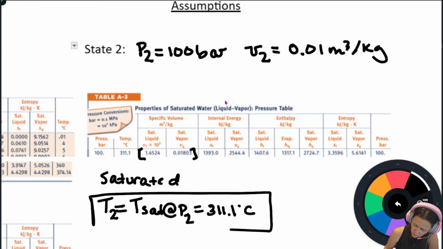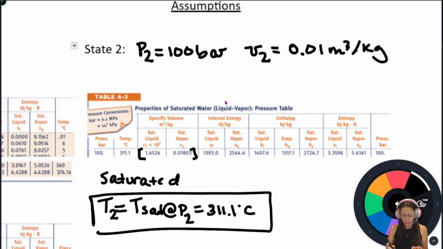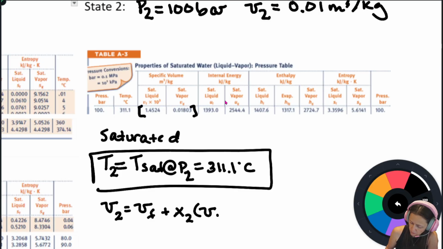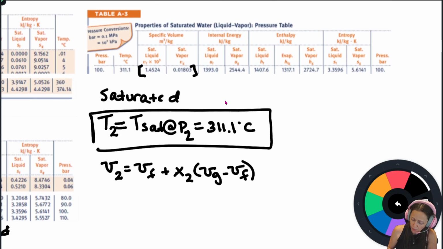So that's one of the things I'm supposed to get. The other thing I'm supposed to get is my quality, right? Because it is saturated, there is a quality associated with this substance. I know V2 is equal to V sub F plus my quality times V sub G minus V sub F, or V sub FG.